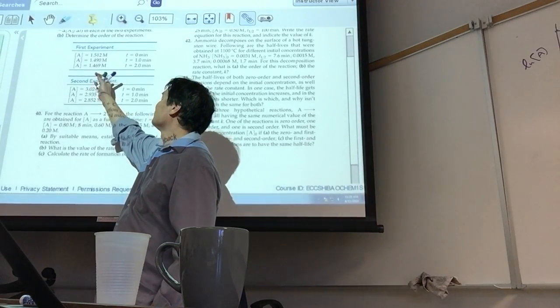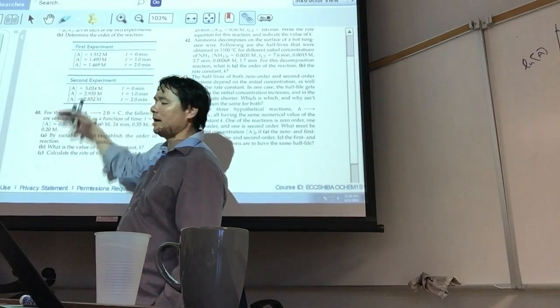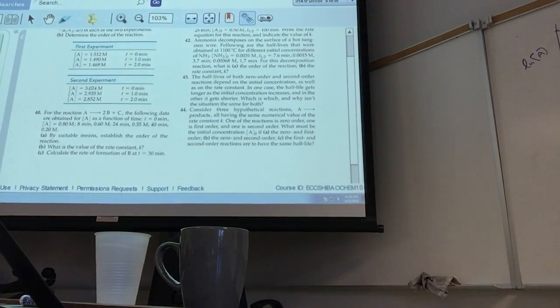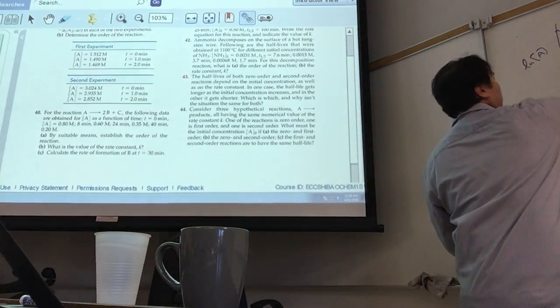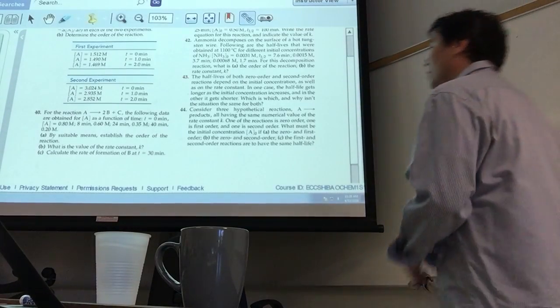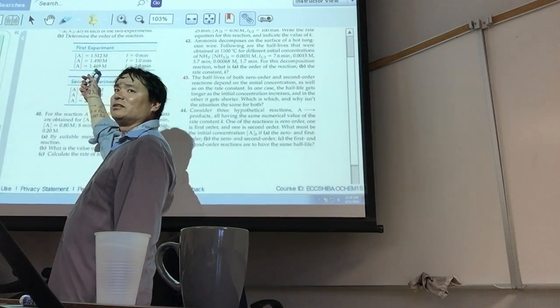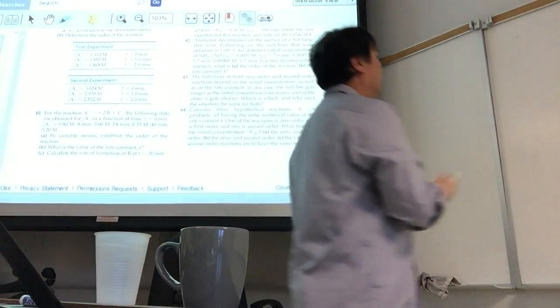Well, I don't have access to graphing software, so I'll just do it by hand. Graphing by hand is subject to error, so I'm just going to do a K analysis. So let's do this. I mean, can you eyeball it and tell me? Is this zero, first or second order? No, I don't know. So let's make up the tables.